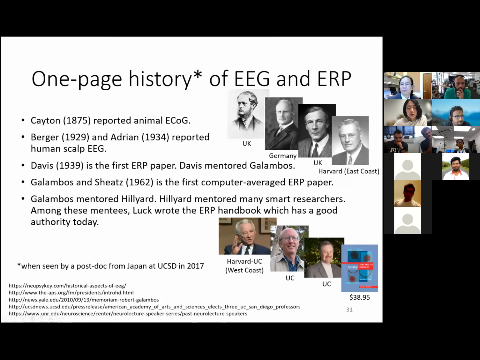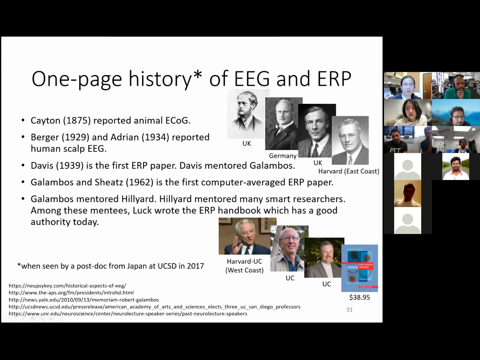So here is the one-page history of EEG and ERP from the viewpoint of a postdoc from Japan to UCSD in 2017. So this is Caton, who studied the animal ECoG in 1875. This is really amazing. And he's from the UK. And later, about 50 years later, this is Berger. We all know Berger.